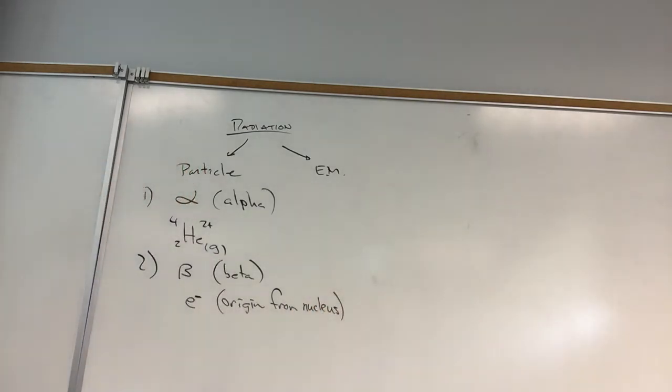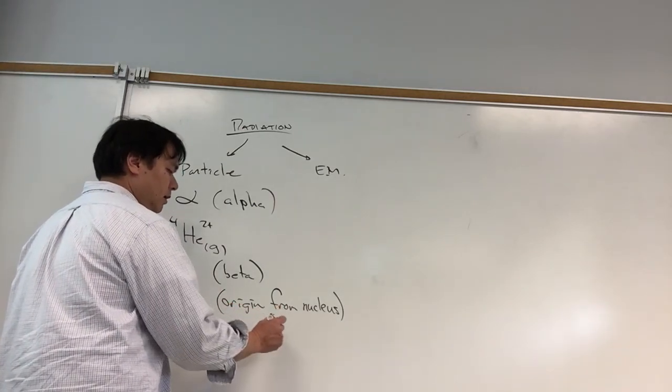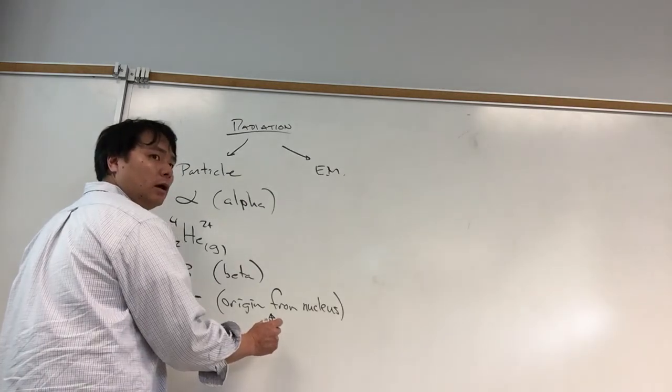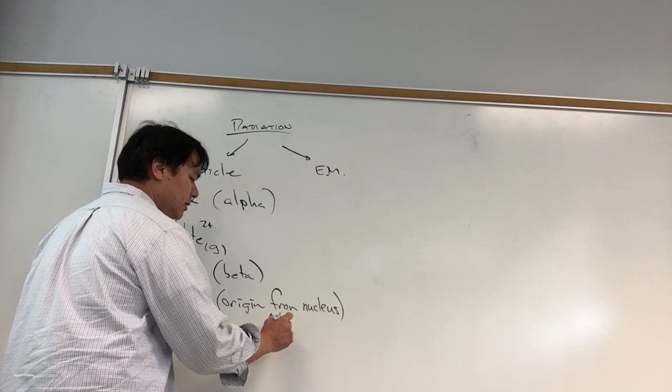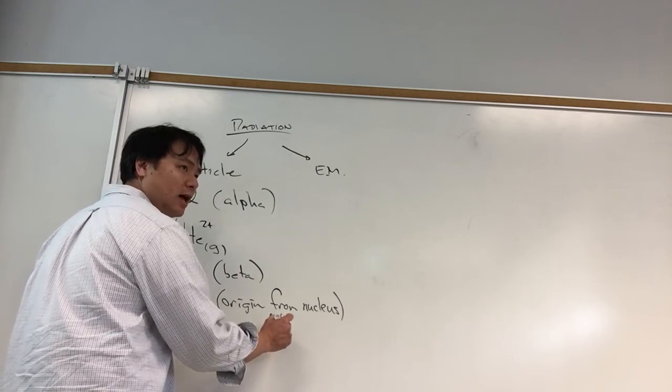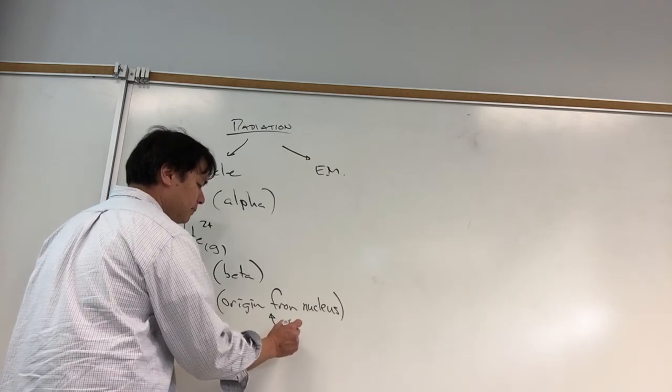So you ask yourself, how many electrons are there in the nucleus? Zero. And so how can we get electrons from the nucleus? These come from a radioactive decay process. In other words, they come from some kind of nuclear reaction that happens within the nucleus. And so we'll just call it decay.